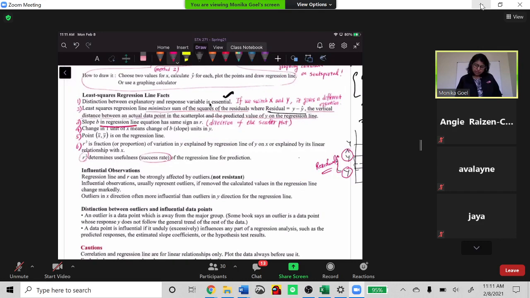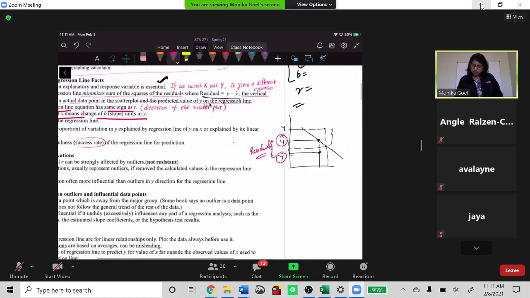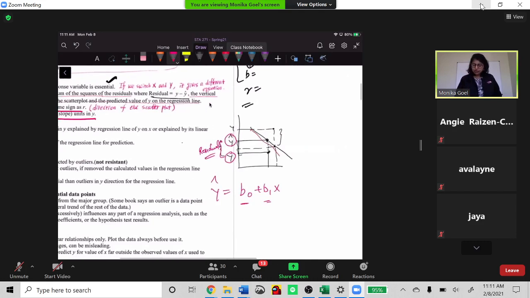The slope of the regression line has the same sign as r. A change of 1 unit of x means a change of b slope units in y. So when you are trying to predict, your slope and y-intercept are fixed, because if you have this line, you have a slope and where it intersects the y-axis.